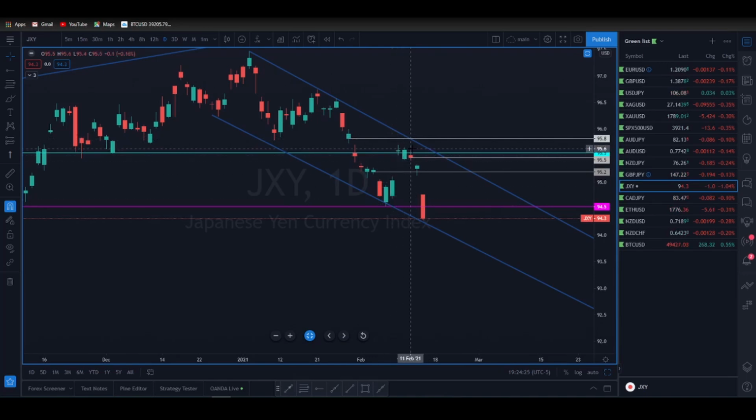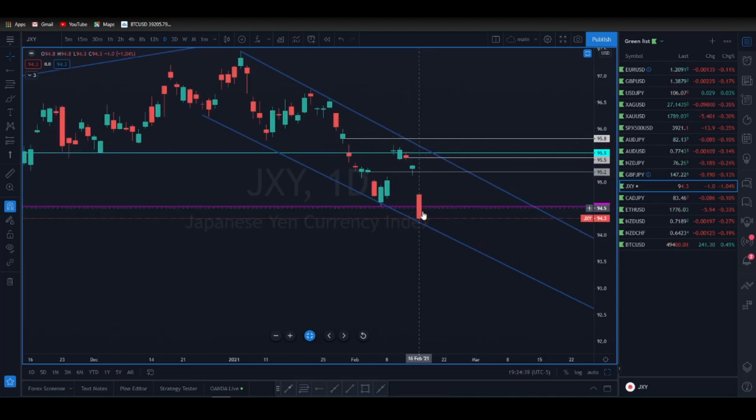So essentially I was telling everybody in the community that this area right here, we were going to look for this area to come into play. Once this area came into play, we were going to be looking for this thing to roll over. We got that move. All right, we have gotten that move in its entirety.